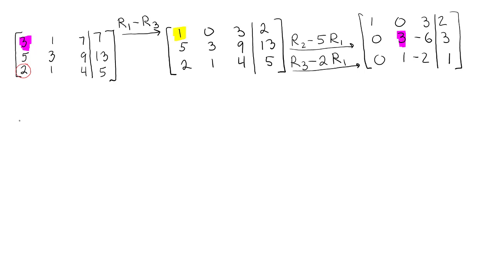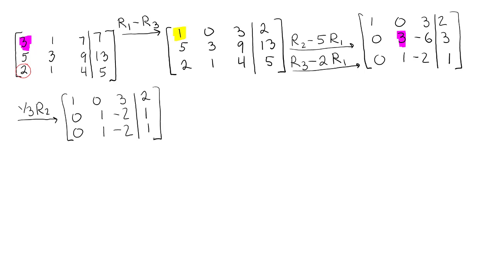So what I get is 1/3 R2. 1, 0, 3, 2 is my first row, and then 0, 1, negative 2, 1 is my second row, and my third row is actually the same as my second row, which is really nice because now if I subtract the second row from the third row, I'm going to put down R3 minus R2.